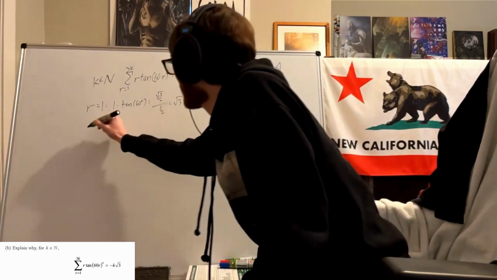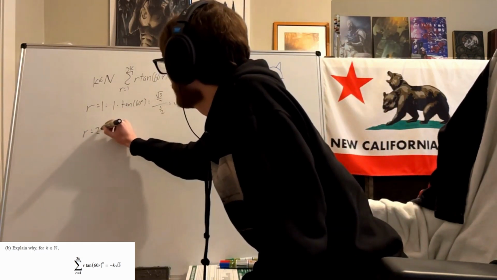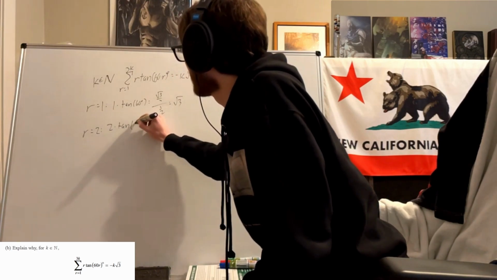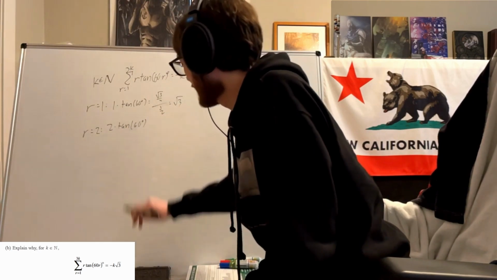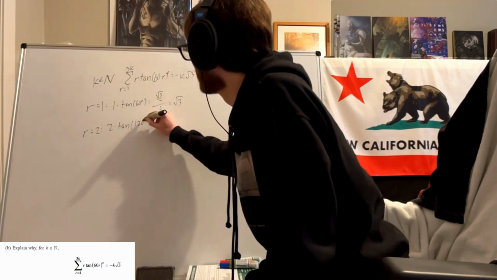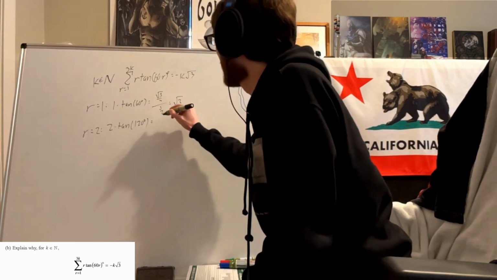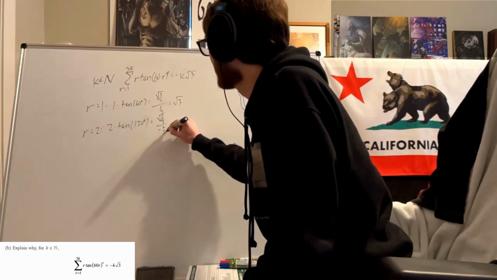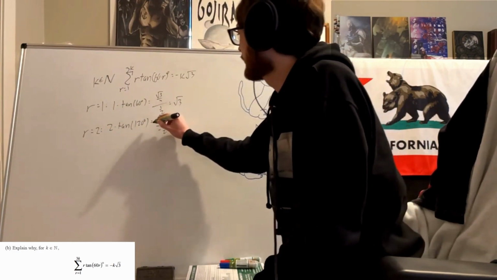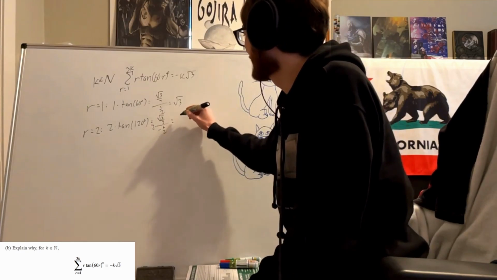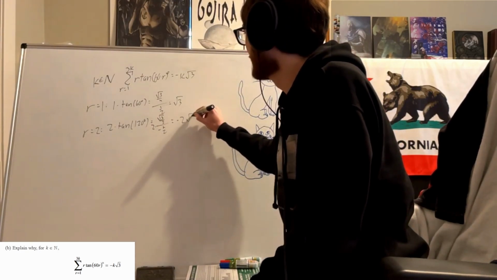If r equals 2, we have 2 times tangent of, oh sorry, 60 times 2 is 120. That equals root 3 over 2 over minus a half, times 2. So the 2 and the 1/2 cancel, and we get minus 2 root 3.